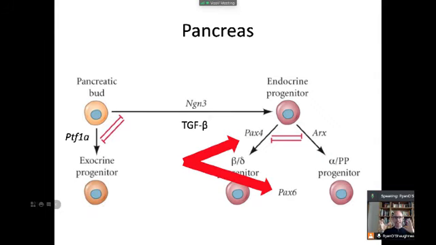We see this same binary decision where we have PTF1A producing the exocrine progenitors, and then in the absence of PTF1A, we get a decision that drives development towards an endocrine progenitor, and then further binary decisions between PAX4 and PAX6 determine the identity of these cells as insulin secreting beta cells or alpha cells that produce glucagon.